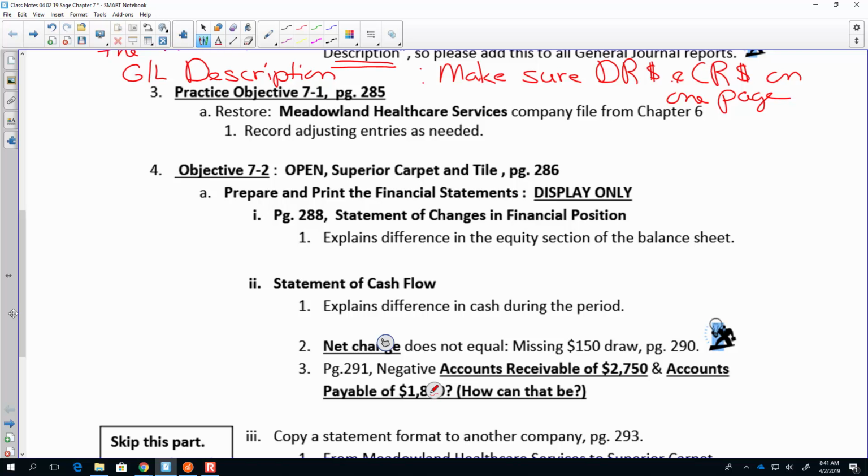And if there is a section I'd like you to read, it is page 286, because it does a nice job discussing the various report types: the income statement, the statement of changes in financial position, what is working capital, the balance sheet, what is the statement of cash flows, what does it do, what's its purpose.